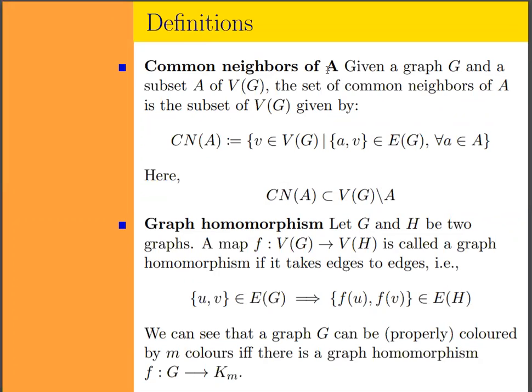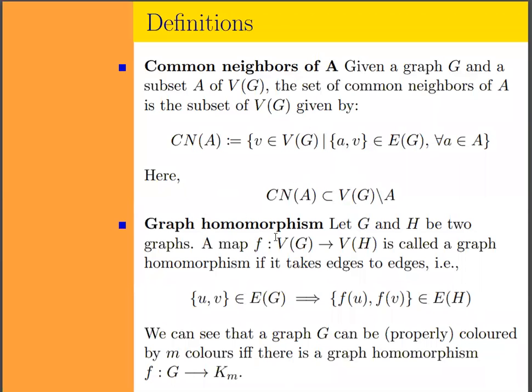A common neighborhood of a subset A of V of G, the vertex set of G, is the set of vertices v in V of G such that v is adjacent to a for every a in A. Basically, v is a common neighbor of every vertex of A. So Cn of A is defined as all the vertices which are adjacent to all of A. And Cn of A is disjoint from A. That is easy to see, because if there were an intersection, then that vertex would have to be adjacent to itself, but this is not possible in a graph.